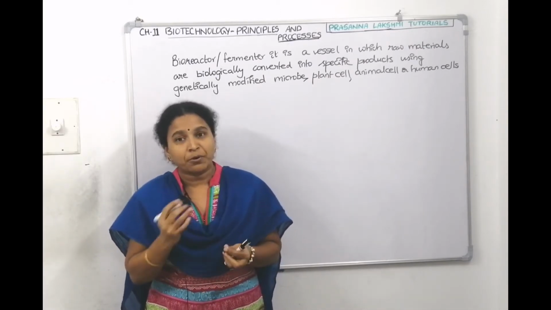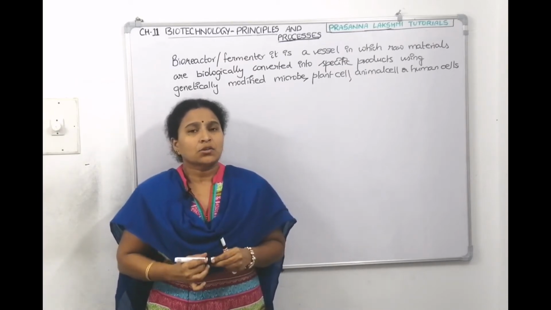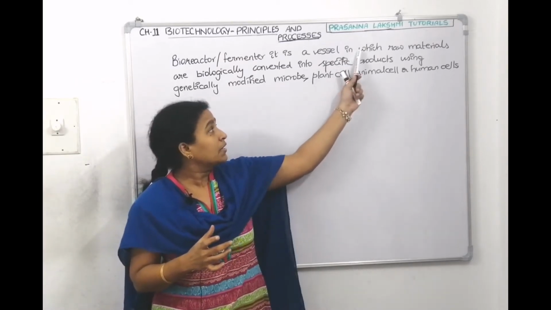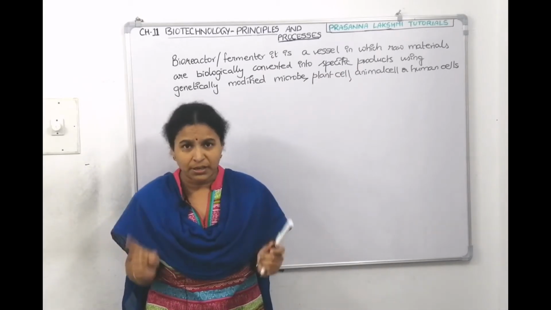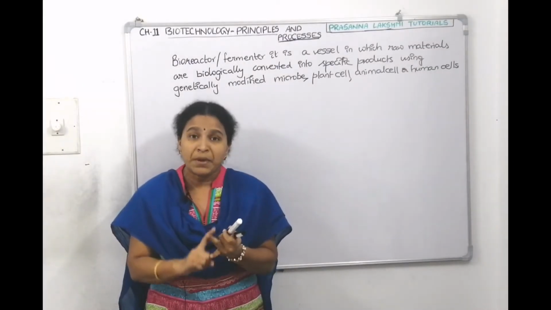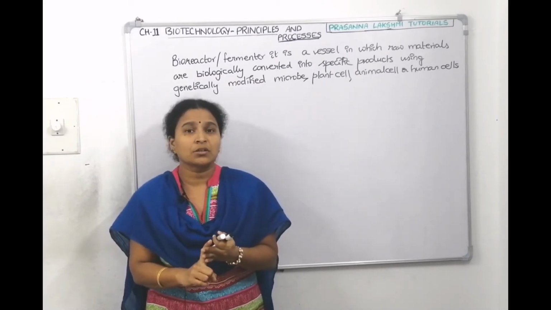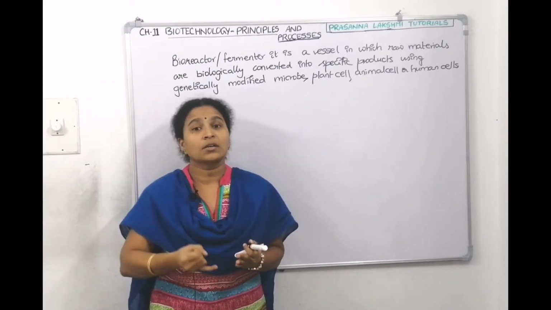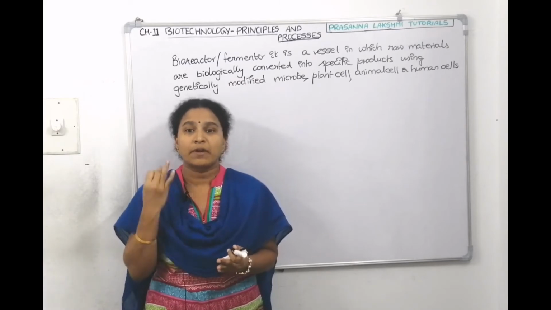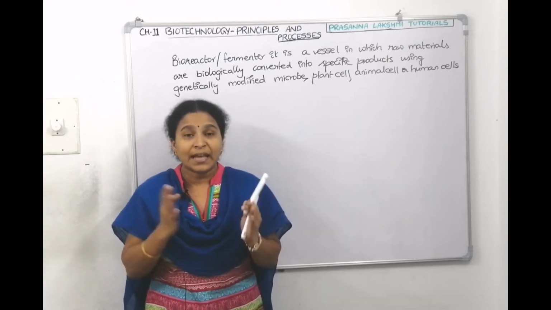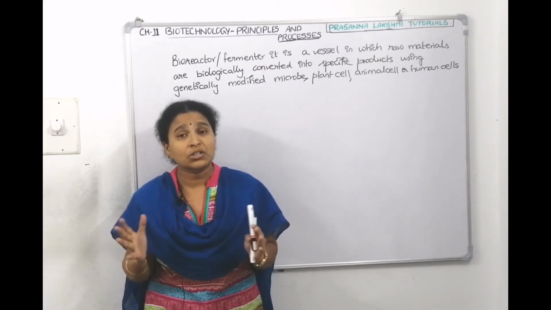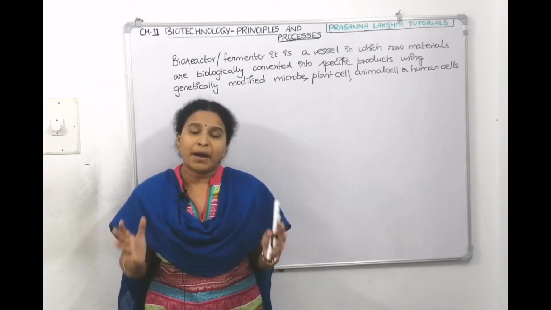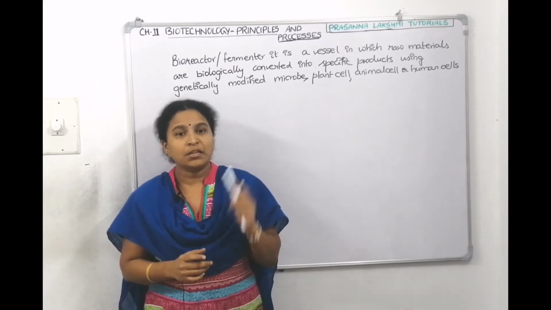So a bioprocessor or a bioreactor, in order to convert the raw materials into specific products, it has to provide all the optimal conditions, right? In terms of temperature, pH, substrate concentration, microorganisms, they require salts, they require vitamins, they require oxygen. Then only they can convert the raw materials into desirable products. Means all the optimal conditions which are required for bioprocessing are provided by the bioreactor.